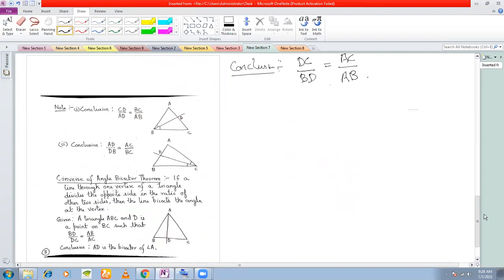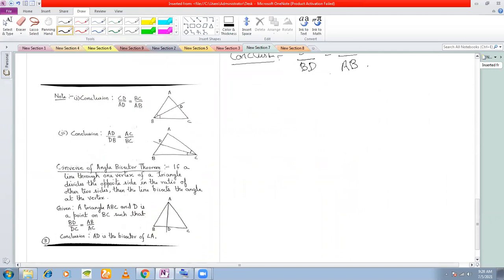And if, instead of angle A, suppose I'm bisecting this angle, angle B, then what can I write? This length AD divided by, and on the other side, what will you write? Since you are writing this side first, you will write AB divided by, now you can write this side DC divided by, now you can write this side BC.